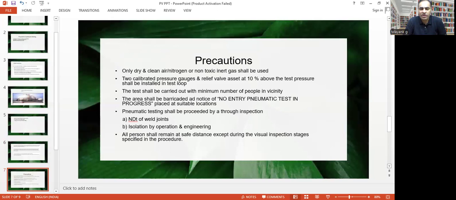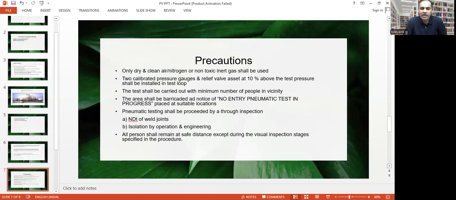It is very important that the relief valve setting be minimum 10% above the test pressure, so that in case we are unable to control the pressure, or the pressure accidentally increases in the pressure vessel during testing, it gets relieved through the safety relief valve.